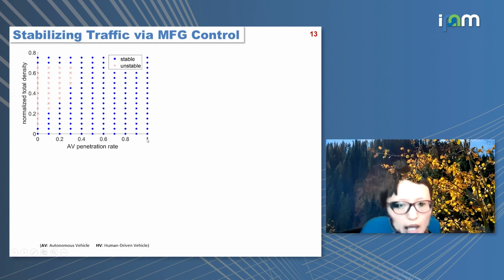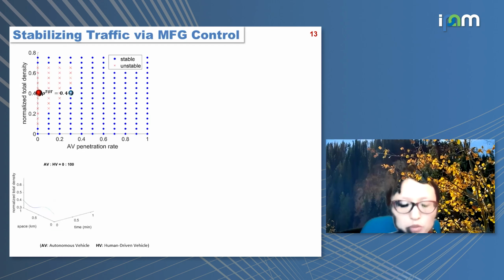The x-axis is the AV penetration rate increasing from 0 to 1, and the y-axis is the normalized total density. The blue dots are the stable region, and the red crosses are the unstable regions. I just pick one case.